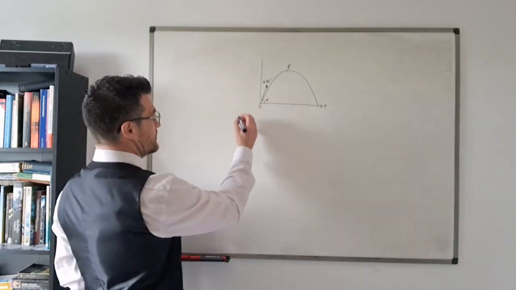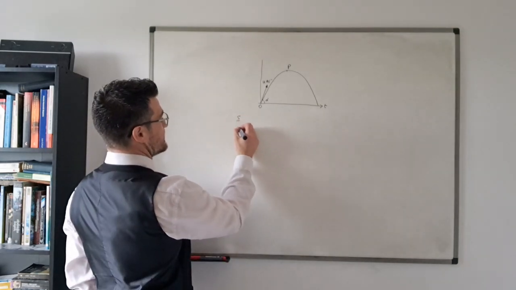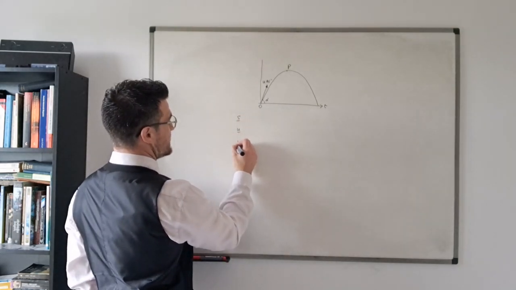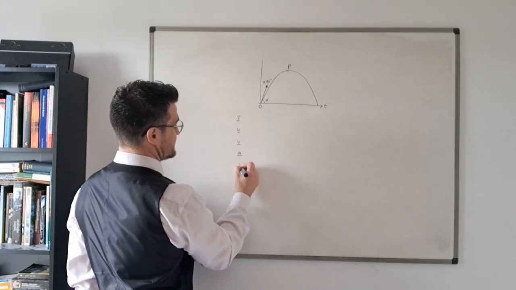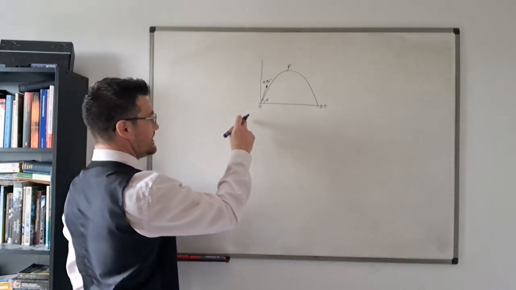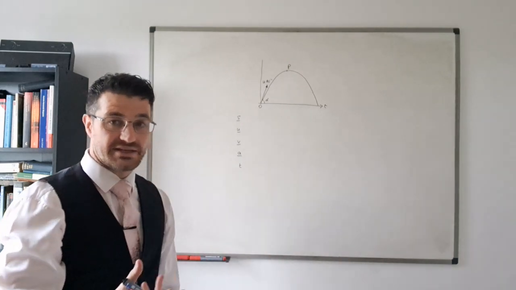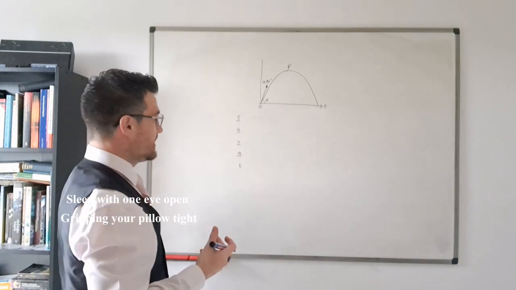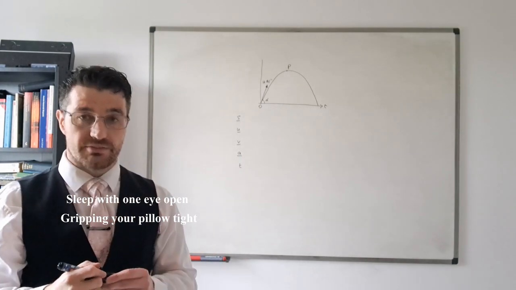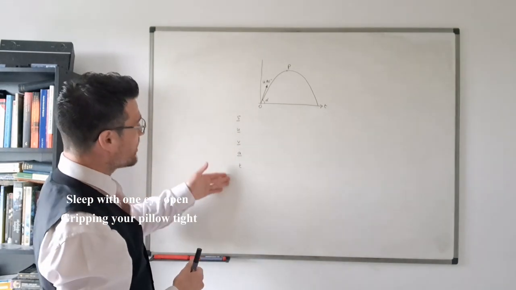Okay, so we've got S, U, V, A, T, and remember, S, U, V, and A are vector quantities, and I'm going to be expressing them as column vectors. We're not going to need all of these quantities.